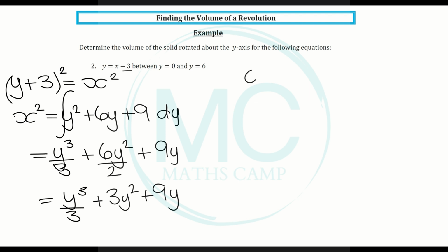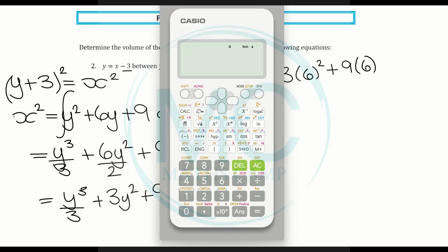So we're going to have 6 cubed over 3 plus 3 multiplied by 6 squared plus 9 multiplied by 6. Now you can take your calculator.